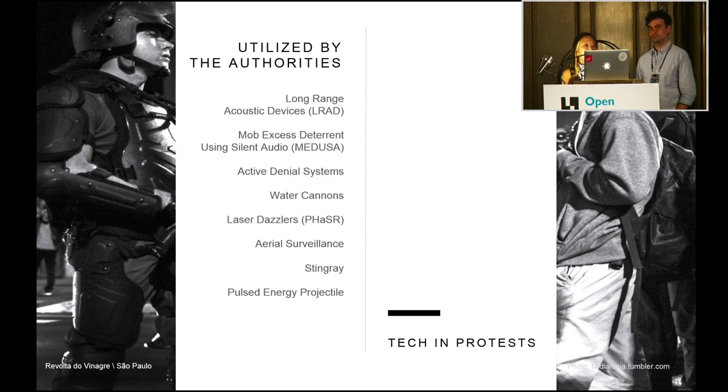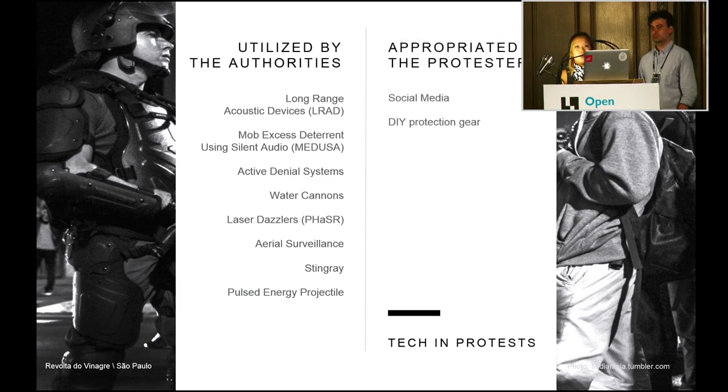That list can go on, and it keeps on growing. And the second group is those appropriated by the protesters, which is made up of various forms of social media and some DIY protection gear. As you can see here, the scales are really uneven.